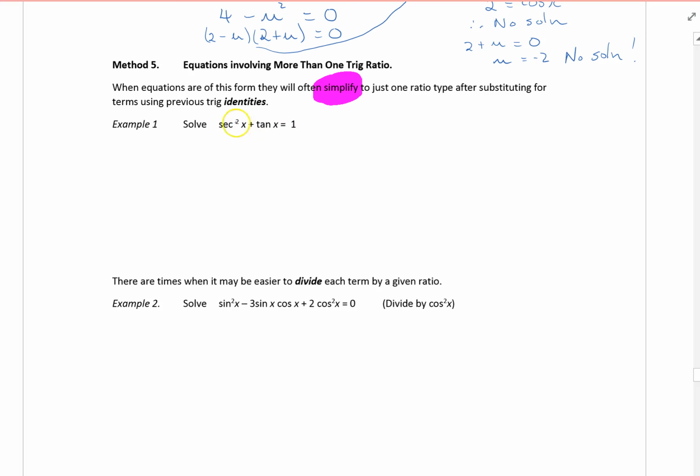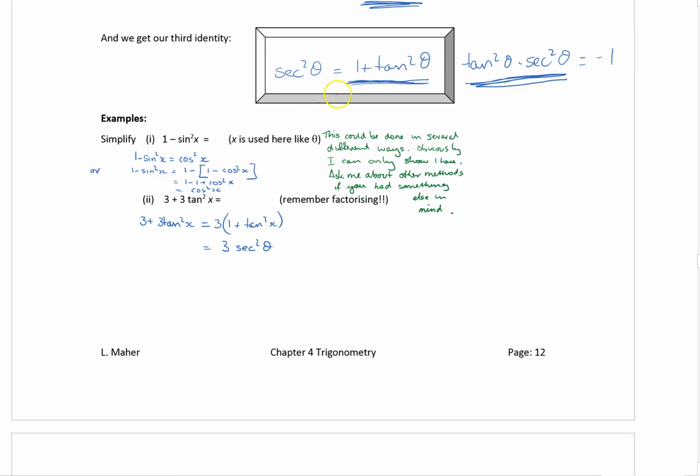So have a think about something else we know about sec squared, and hopefully you've done enough questions requiring you to make a substitution for sec squared using this particular identity. You'll go, oh yes, I do know something else about sec squared, and that is it can be replaced with 1 plus tan squared. So that's what we're going to do.